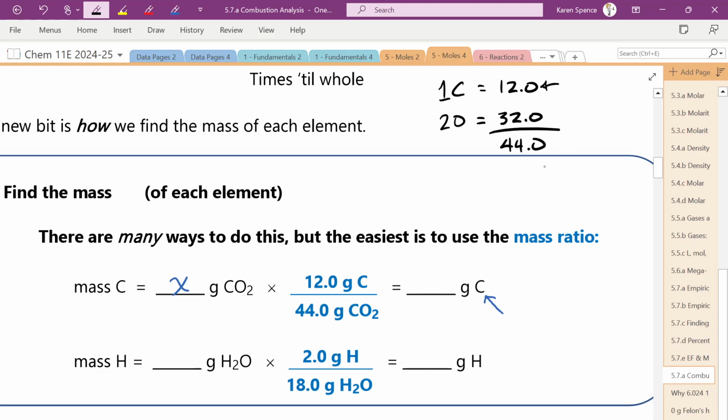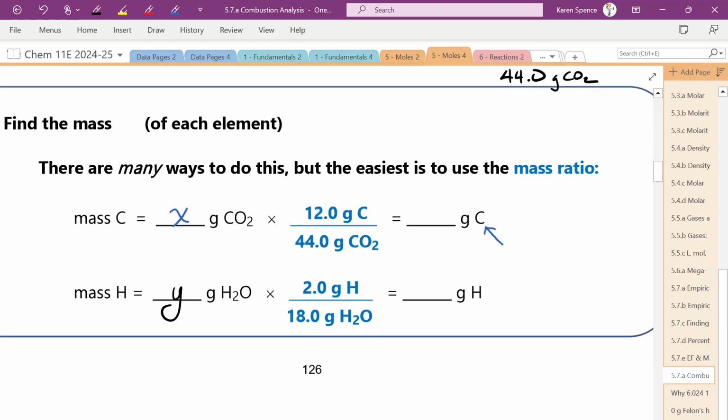So there's 12 grams of carbon for every 44 grams of CO2. So we would do that and we would find our grams of carbon. Do the same thing with water, except you would use 2 grams of hydrogen in every 18 grams of water.